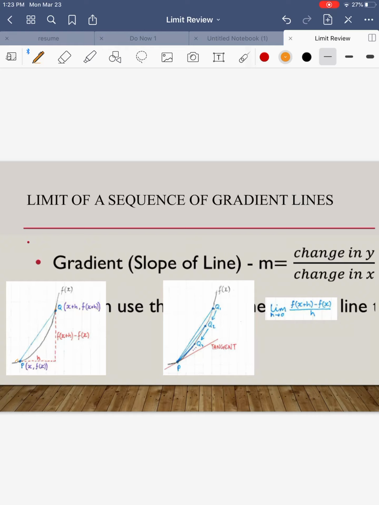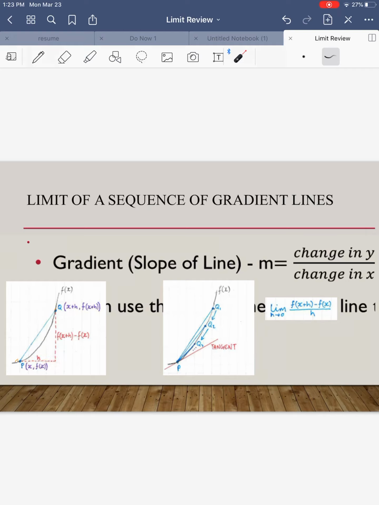So remember, we're just simply going to take a point here and a point here. We don't know what those points are. We just know that they're points on a curve. And so we're going to call the first point x and the second point x plus h. We're going to say the distance is h.